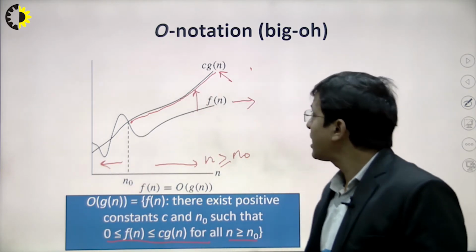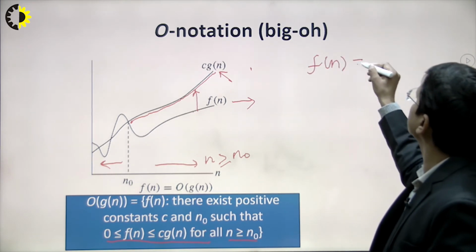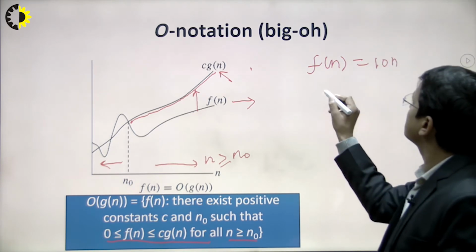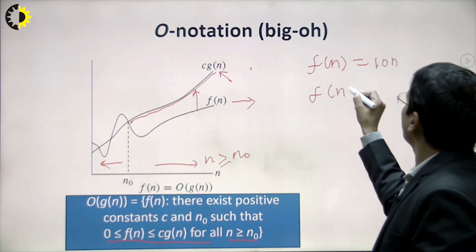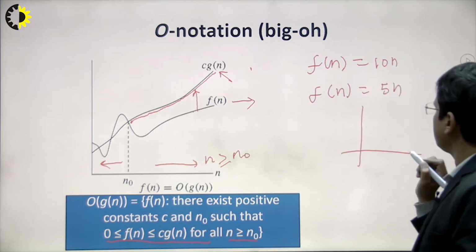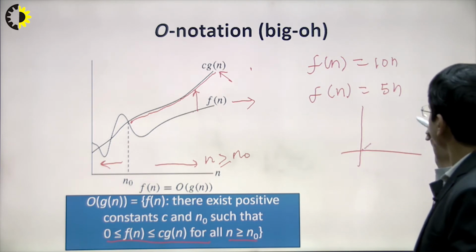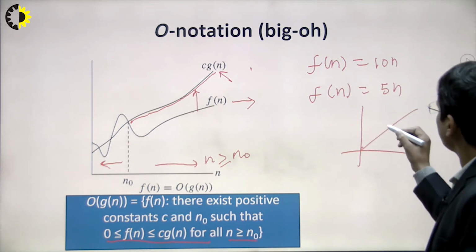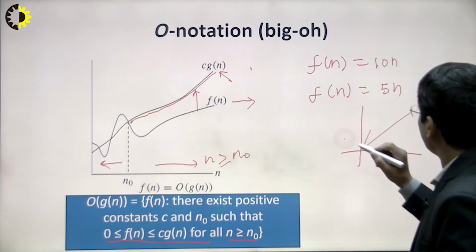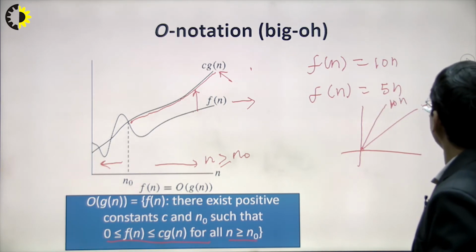Suppose we have a function, say 10n, and another function, say 5n. Both are linear functions, right? Suppose this is 10n, and this is 5n.